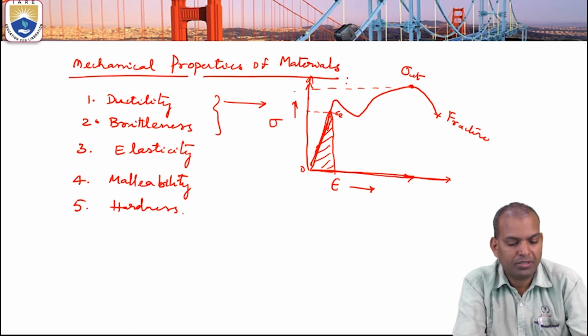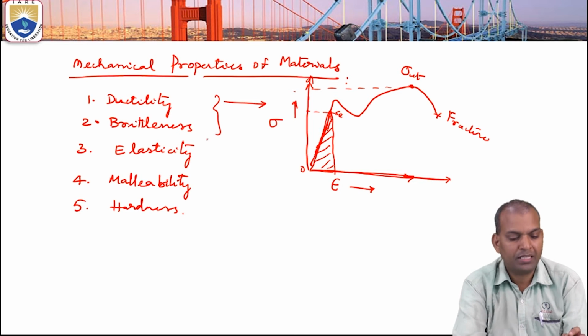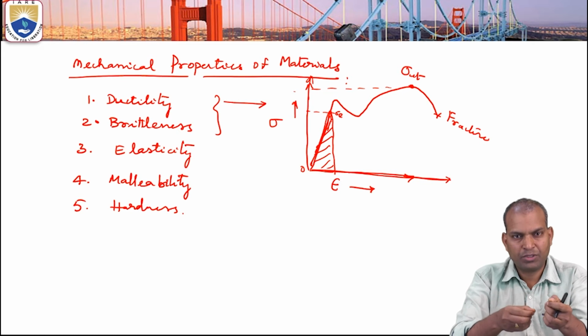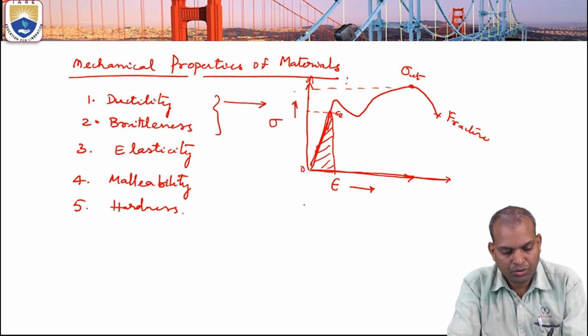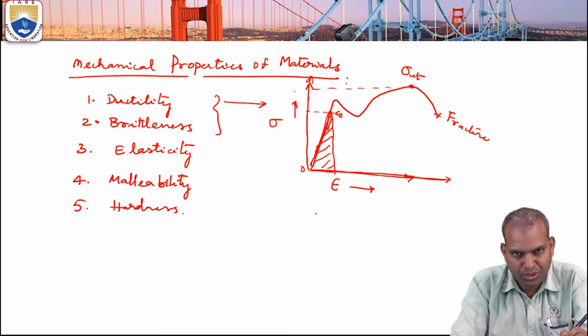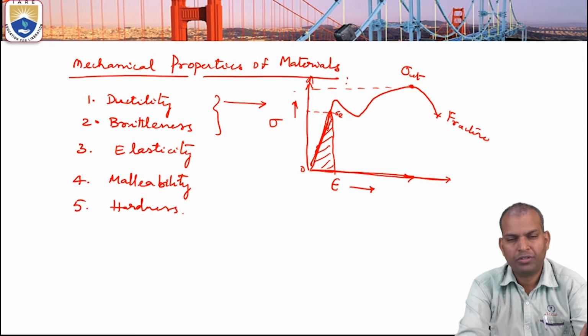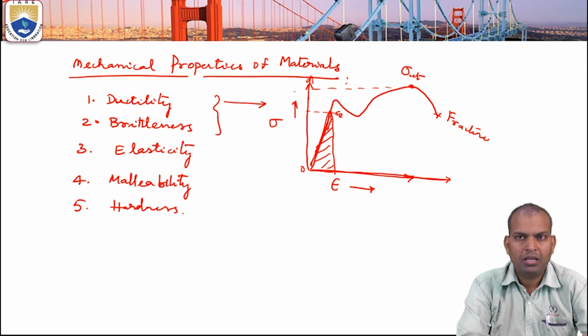Whereas brittle means if you apply the load, immediate breakage takes place. We will study in brief in coming sessions the stress strain diagrams of ductile and brittle materials, but here we are focusing only on mechanical properties of materials.